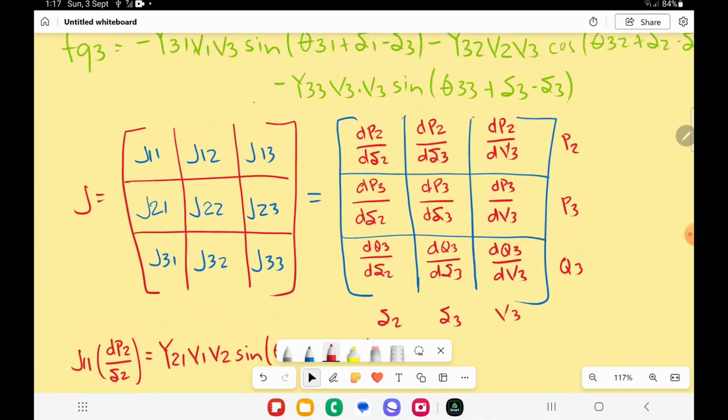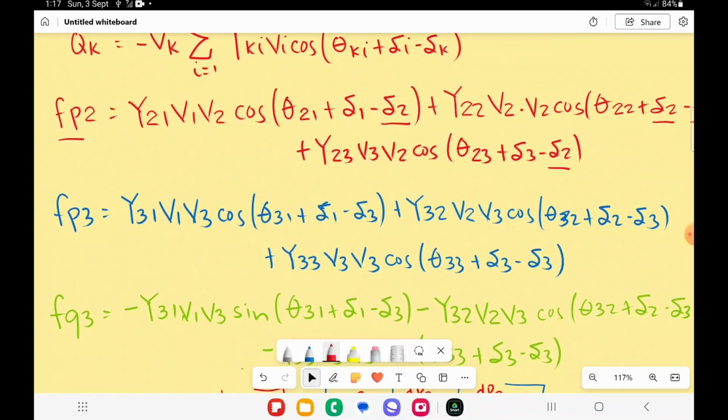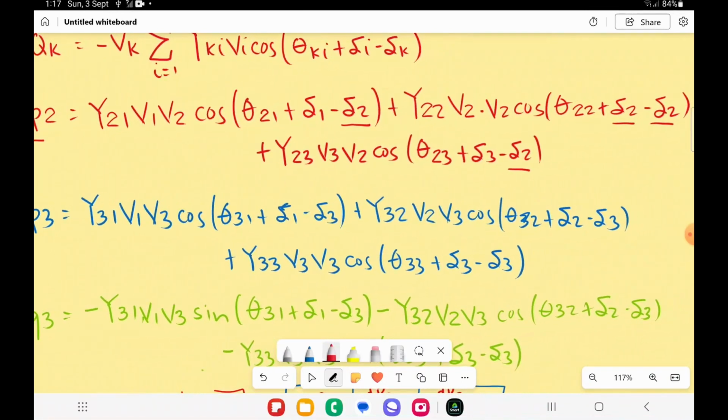So we look again for the functions P2. In the second term, we have also delta 2, but this will be cancelled because delta 2 minus delta 2 is cancelled. For the third term, we have also delta 2, which is negative, and negative sign to negative is positive.